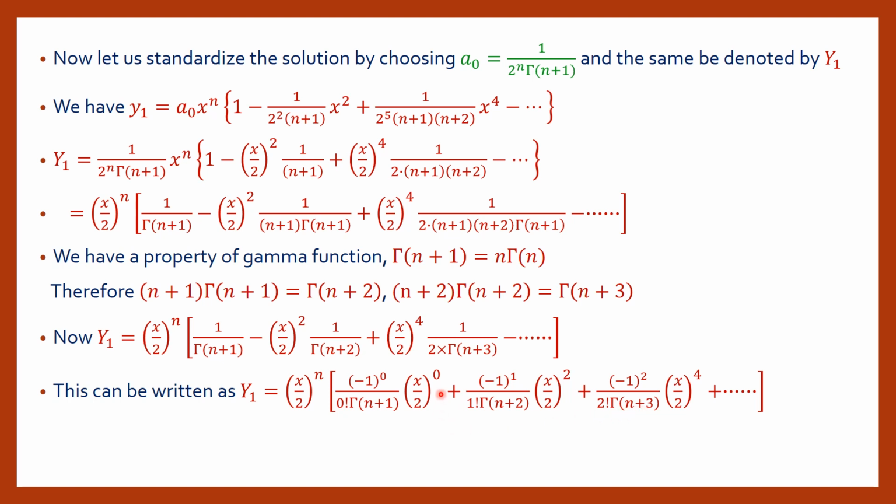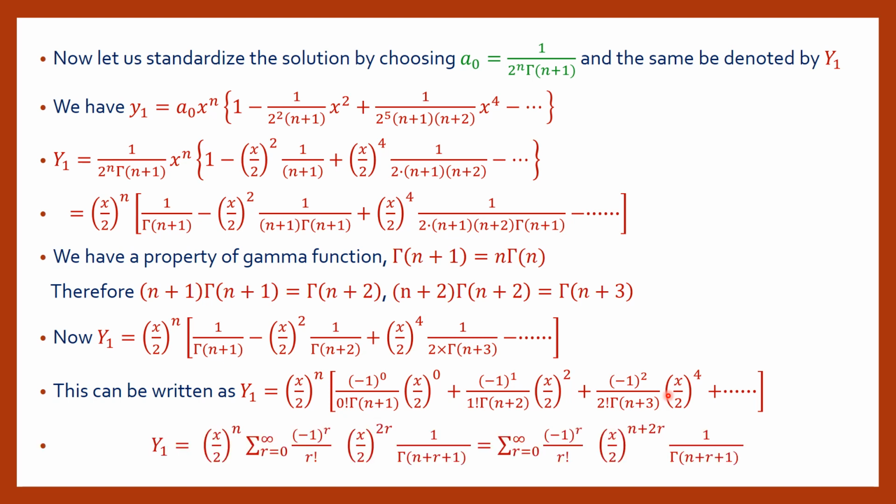Similarly, at the 0th place we have x by 2 power 0. First place we have x by 2 power 2. Second place we have x by 2 power 4, that is 2 into 2. So at the rth place we will be having x by 2 power 2r.